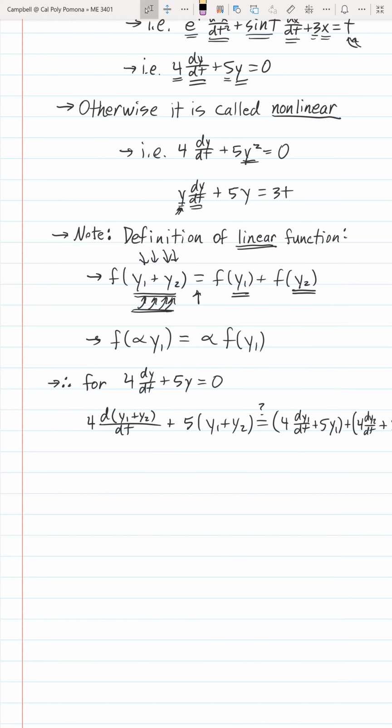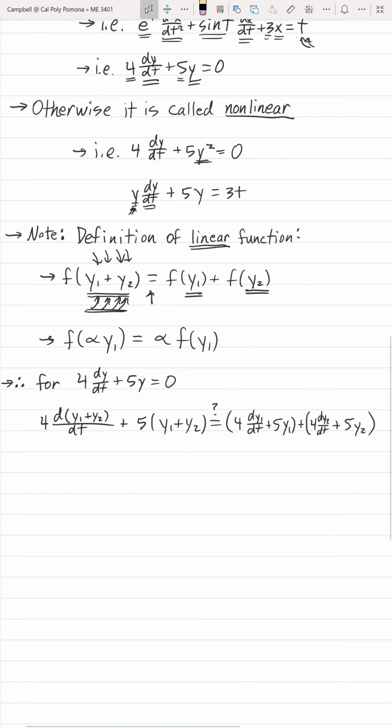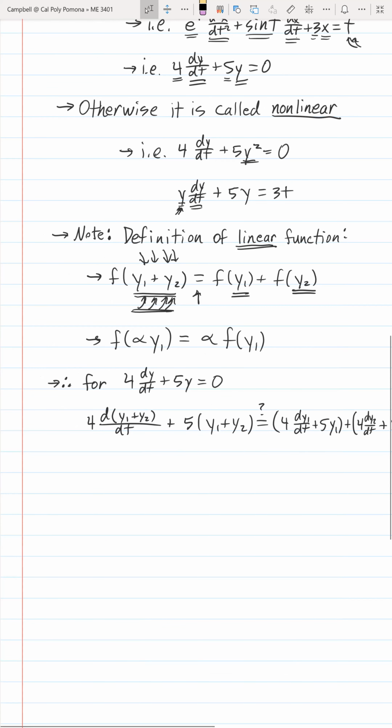So that's what we need to show. We need to see, do we end up with this? And if we do, then we at least satisfy one of the requirements for dealing with a linear system, in this case, since we aren't necessarily dealing with a function.